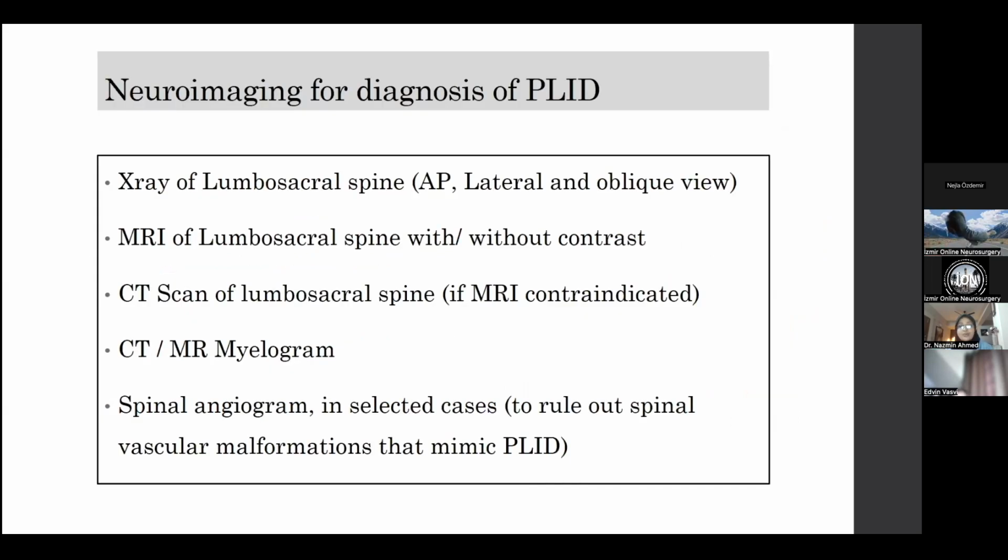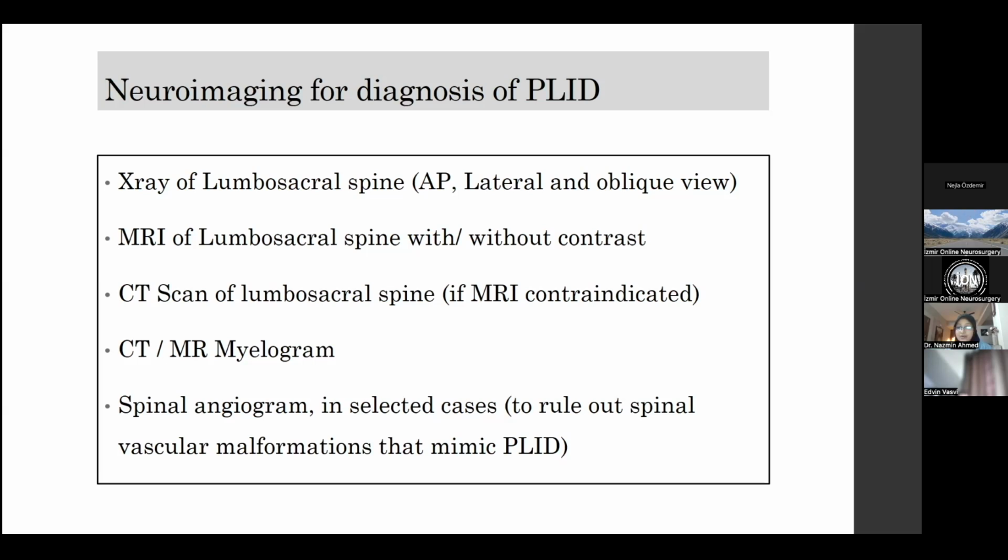So what are the common neuroimaging modalities for diagnosis of PLID? We can go for X-ray of the lumbosacral spine. That is only suggestive, not confirmatory. To confirm the herniation of the intervertebral disc, we should go for MRI of the lumbosacral spine with or without contrast. Contrast can be given to rule out mimics.